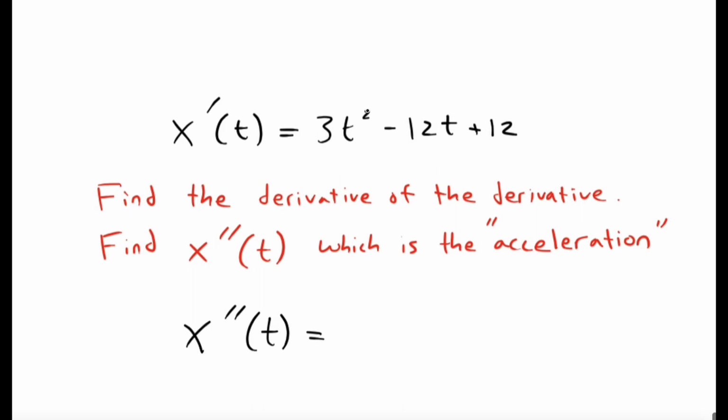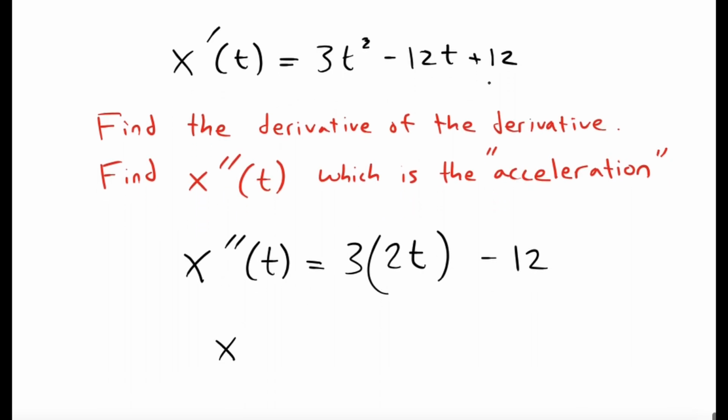The 3 can be like a spectator here. He can just come down, and then he'll be multiplied by the derivative of t squared, which is 2t. When we're taking the derivative of a number times a variable, it's going to be just the number. And that's it. Derivative of a constant is 0. So we're looking at 6t minus 12 is our second derivative.